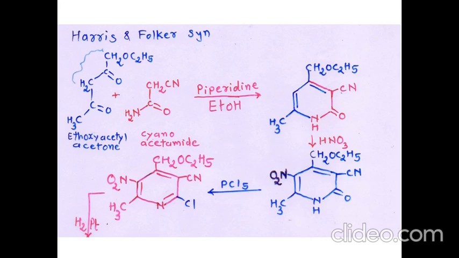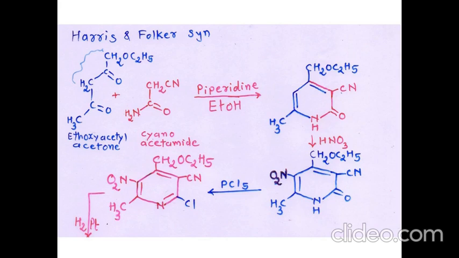When these two compounds, in two different colors, are condensed together in pyridine and ethanol, there is a formation of a 6-member ring structure. The red part is from cyanoacetamide and the blue is from ethoxyacetyl acetone, just for understanding purposes. From this 6-member ring structure, that is structure number 2, nitric acid allows the nitro group to be introduced at position 3 with respect to nitrogen, on the methyl side.